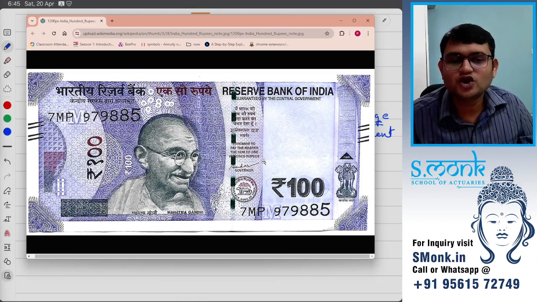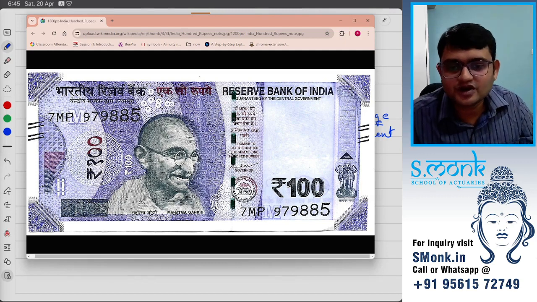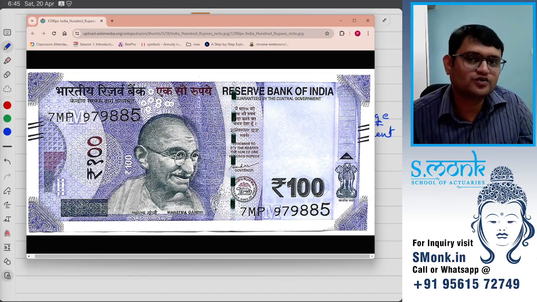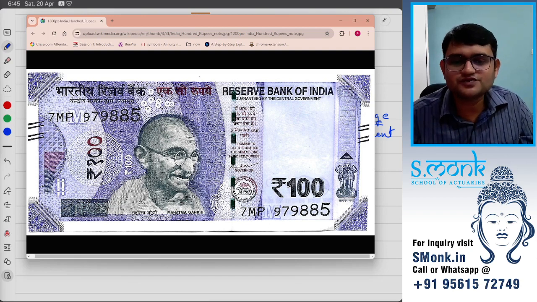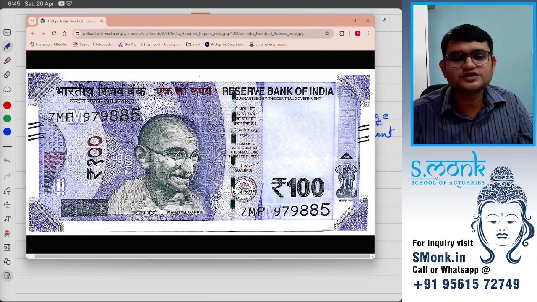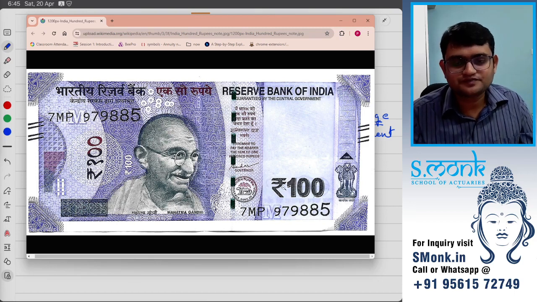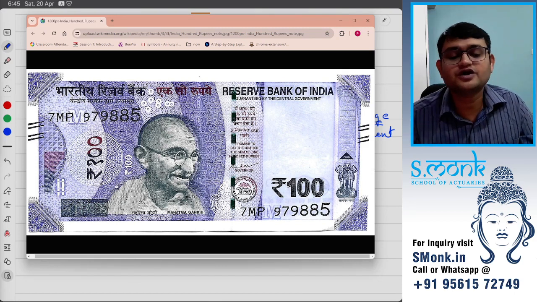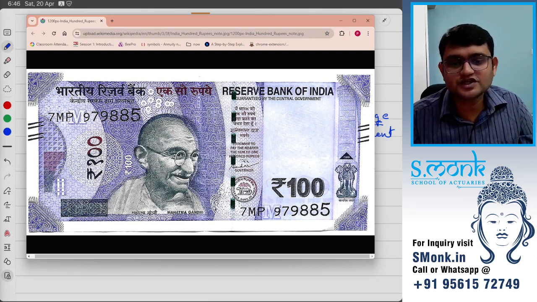Whoever has this note, whoever has this piece of paper will get 100 rupees. That is what this means. There's nothing called 100 rupees. This is just a promise by the government of India. The representative of the government of India is called the governor. That is why the governor is the one who has signed this note. And because we all believe in the government of India, we value this piece of paper at 100 rupees. It's because of the signature.